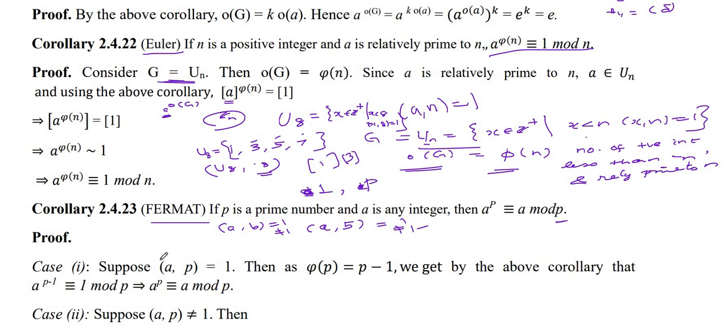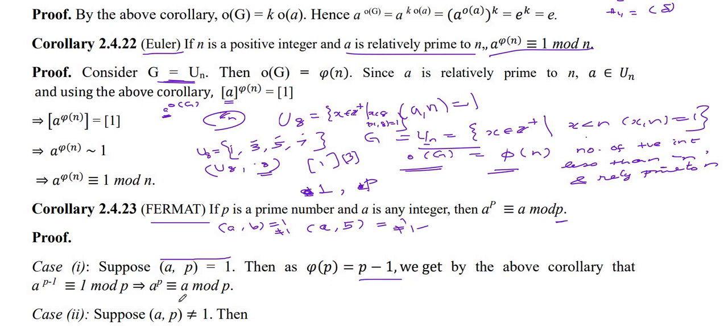In the first case we have A and P to be relatively prime. Then we have phi of P to be P minus 1. By the above corollary, A and P being relatively prime means A raised to phi of P is congruent to 1 mod P. But phi of P, we know, is the number of integers less than the prime number that are relatively prime to P. How many such will exist?